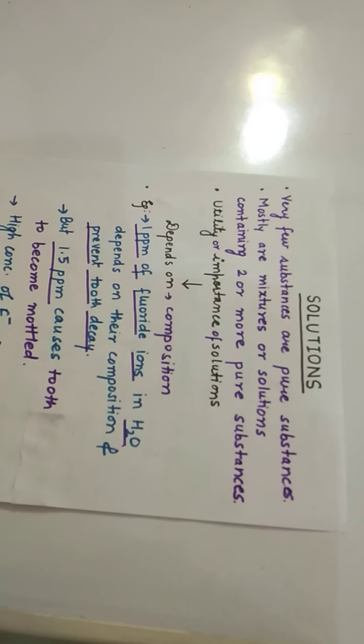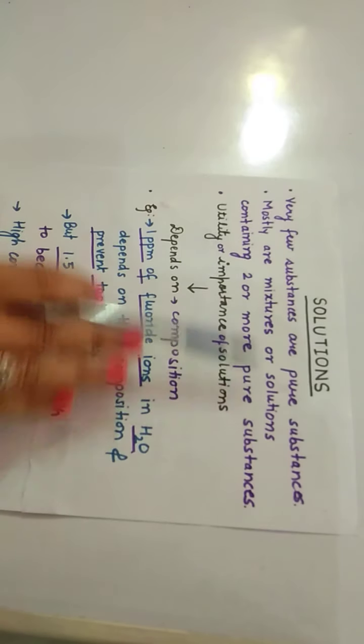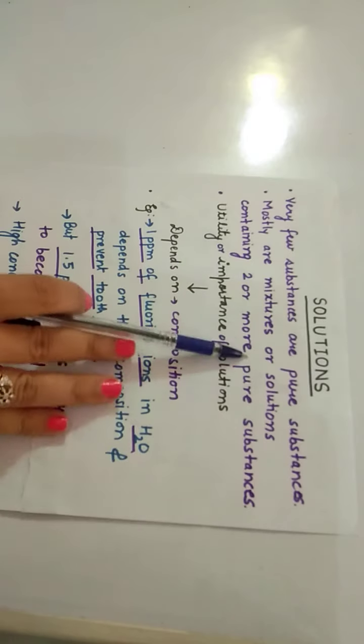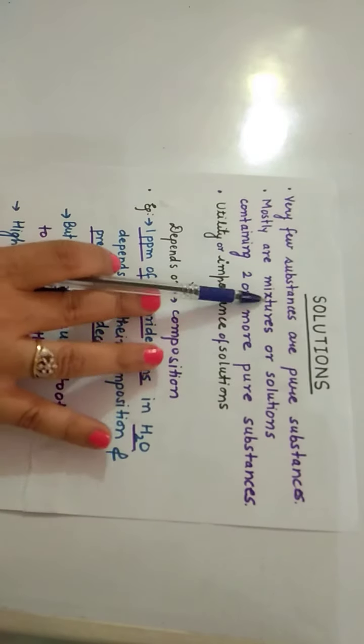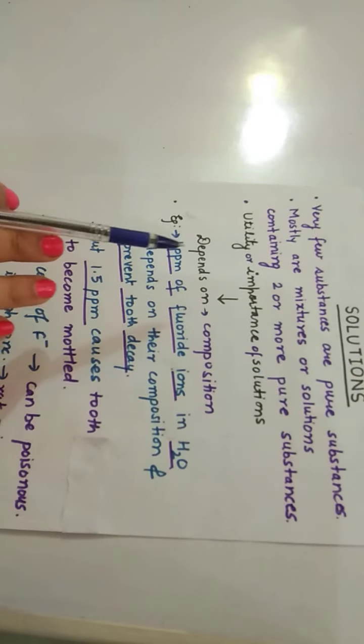If you see water also, then in water also there are some impurities present. Therefore, you use RO and filters. Most of the substances that you see in your daily life are mixtures or solutions, and these are made up by mixing two or more pure substances.